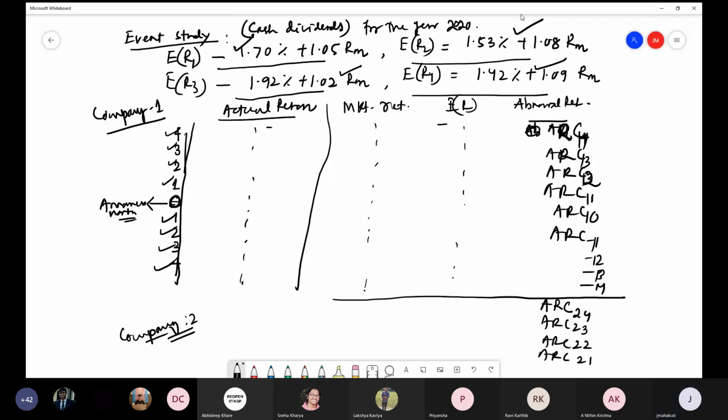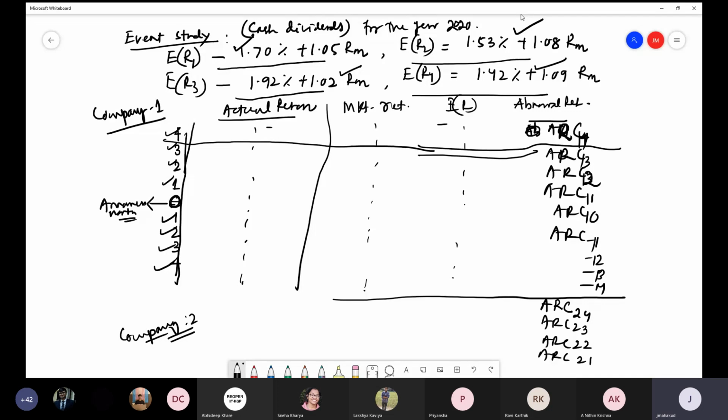Then what you can do for all companies is, for each period, calculate the average abnormal returns. That means for this period, this is one period.